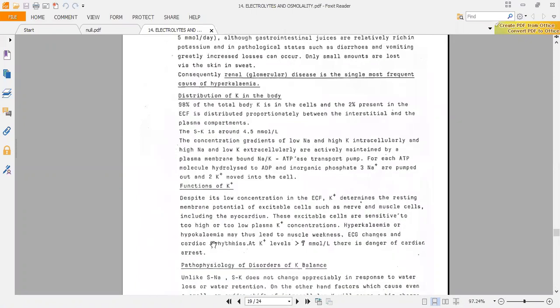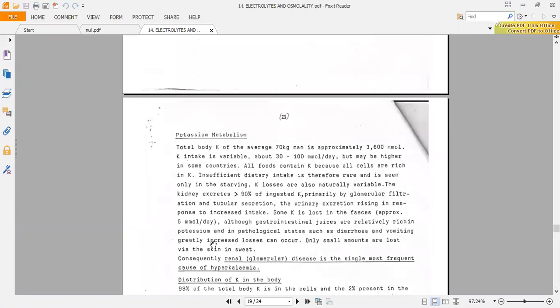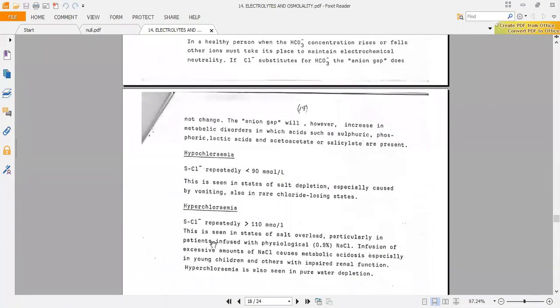Because the stomach has HCl, when you vomit you lose a lot of chlorine. So hypochloremia is seen when a person loses chlorine as a result of vomiting. And we have hyperchloremia, which we see when you are giving the person a sodium chloride infusion and you overgive it, so you increase the person's chloride level.